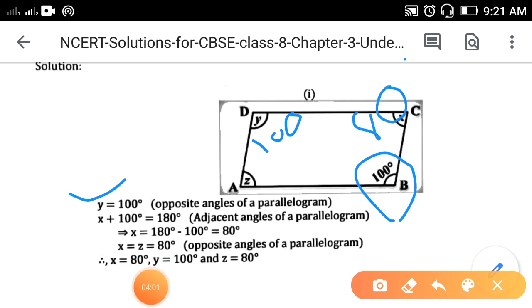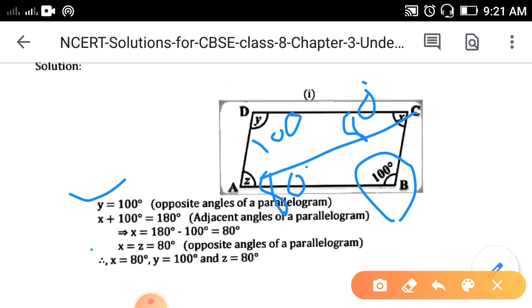So we got the value of y, we got the value of x also. Next, z. If x is equal to 80, then x and z both are opposite to each other, so z is also 80 degrees.